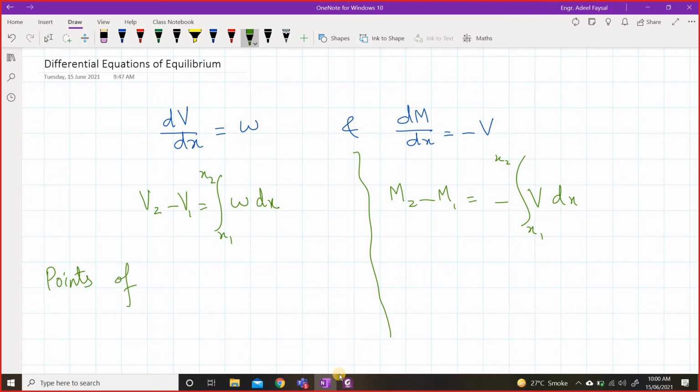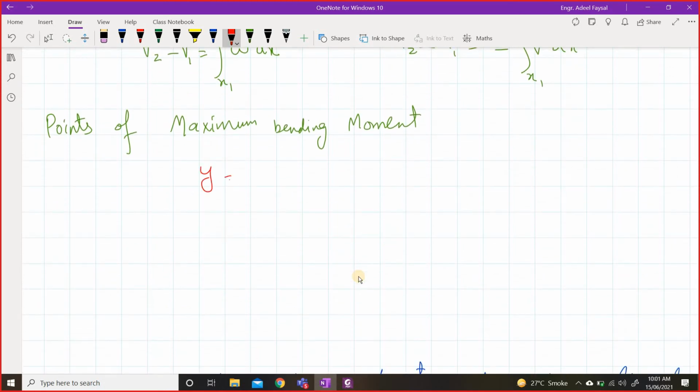Points of maximum shear, maximum moment. If we are interested in locating the values of the maximum bending moment, we can use the concept of extreme values. You know that if you have any function, if y is a function of x, and you want to locate the maxima and minima of y, you can differentiate y and put the derivative equal to 0.